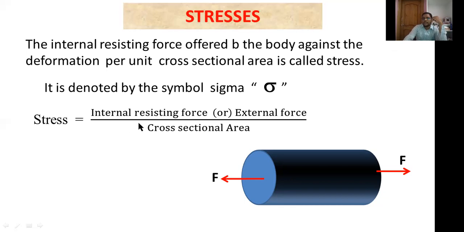We don't know the amount of internal resistance force, so for the purpose of our subject, we consider the internal resistance force equal to the external applied force. So the formula is sigma equal to F, force divided by cross-sectional area. This is the formula for stress.